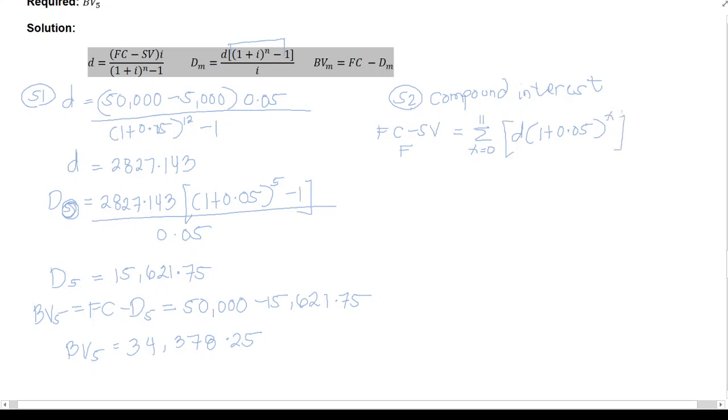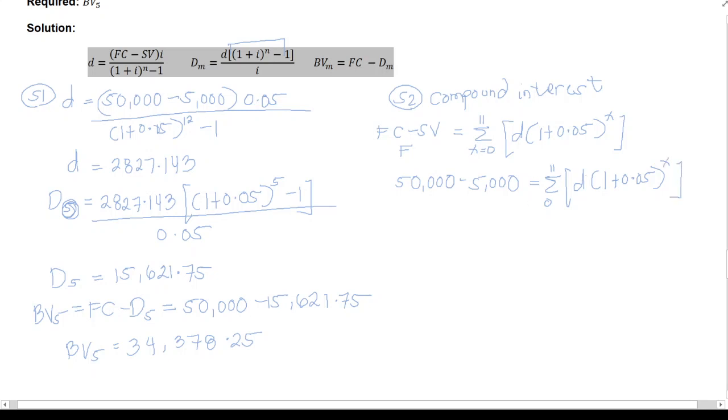If we substitute the value of FC, that is 50,000 minus the salvage value 5,000, equal to the summation from 0 to 11th year multiplied by the depreciation times (1 plus 0.05) raised to x.